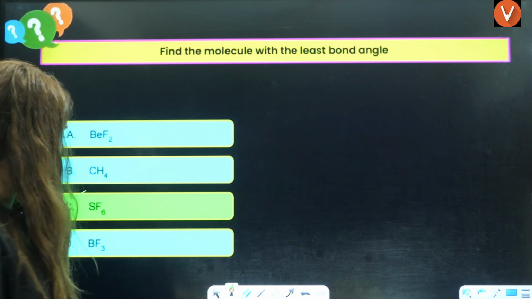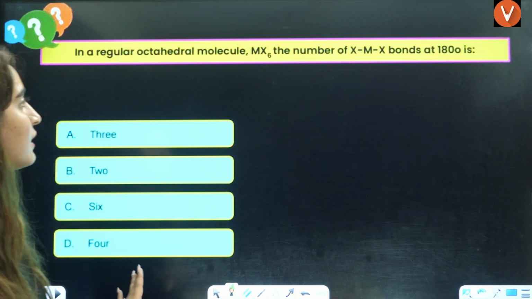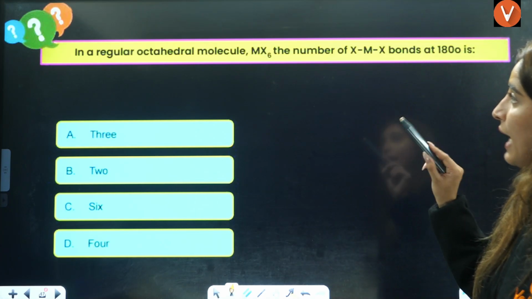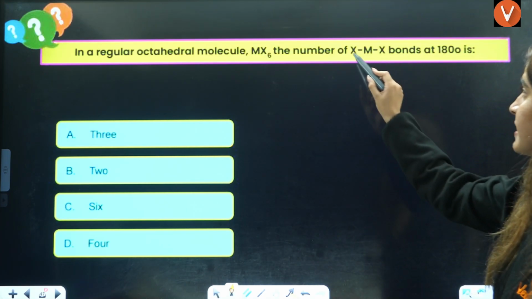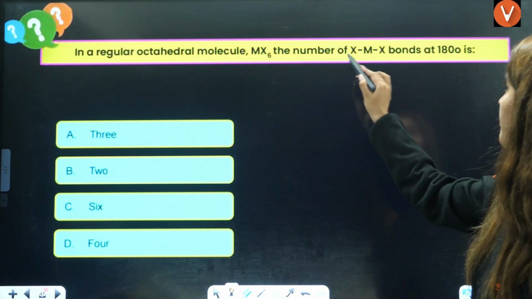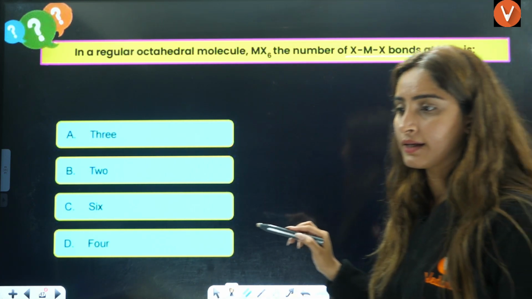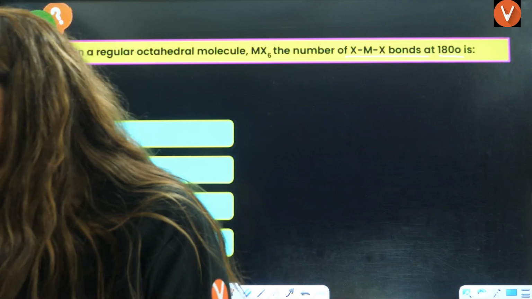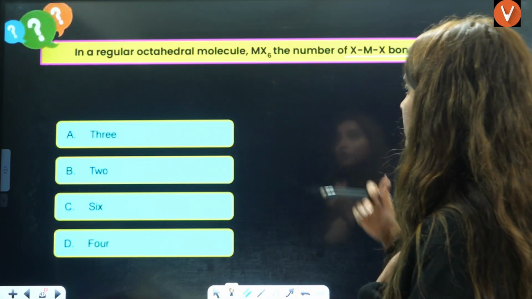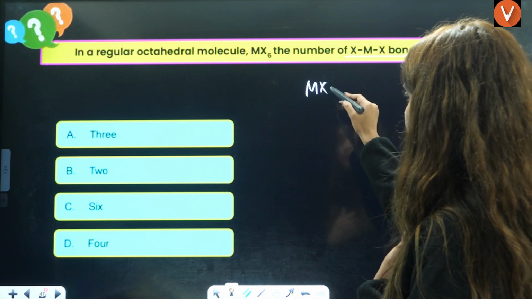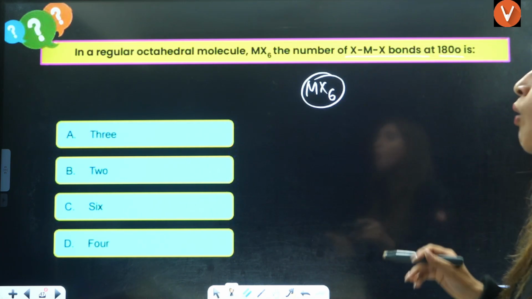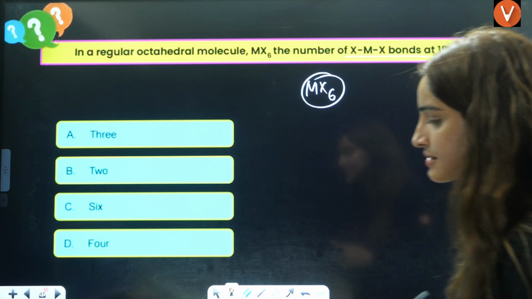Okay. Next we have, in a regular octahedral molecule MX6, the number of XMX bonds at 180 degree is. Okay, everyone? In a regular octahedral molecule MX6, the number of XMX bonds at 180 degree is.